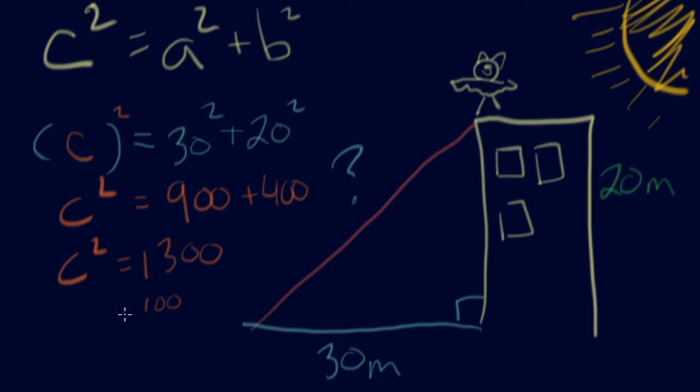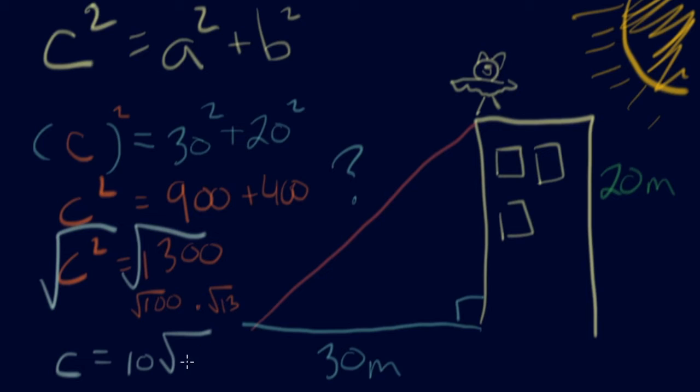So the square root of 100 times the square root of 13 gives you 1300, because I'm going to take the square root of both of those. And that ends up giving me c is equal to 10 root 13 meters.